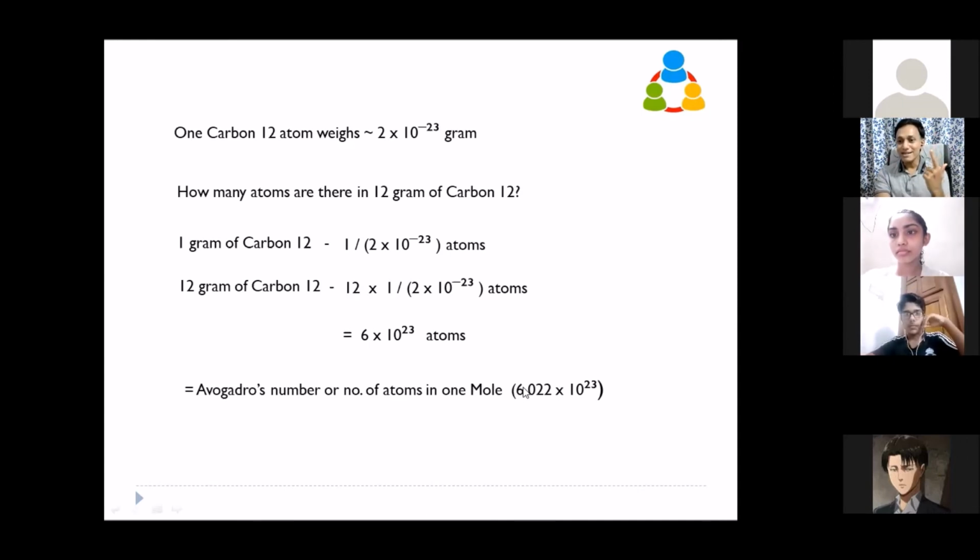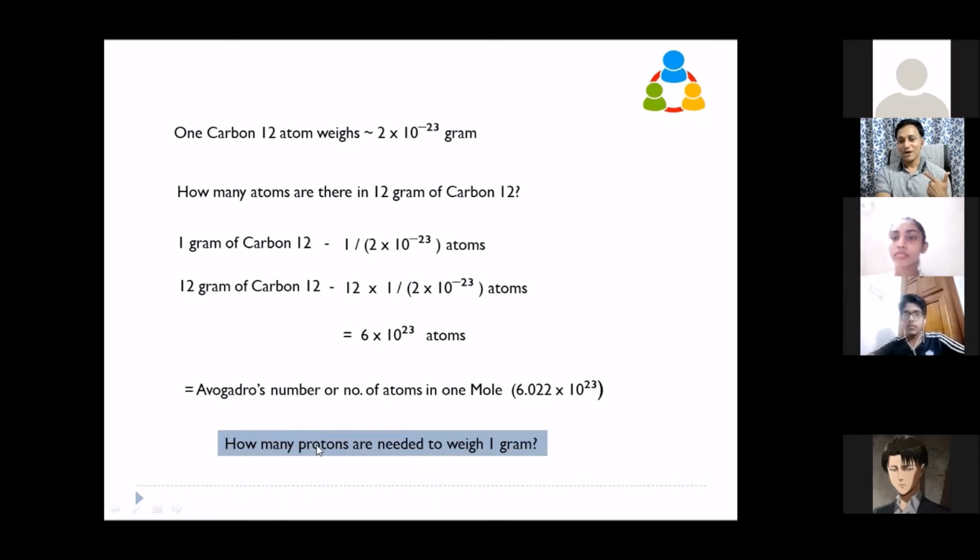So 1 gram means what? 1 gram of protons will contain this many protons, and 1 gram of neutrons will contain this many neutrons. So you will get the Avogadro number if you just calculate this. Go home and calculate this: how many protons are needed to weigh 1 gram, or how many neutrons are needed to weigh 1 gram?